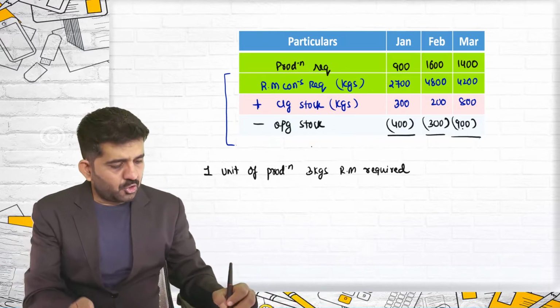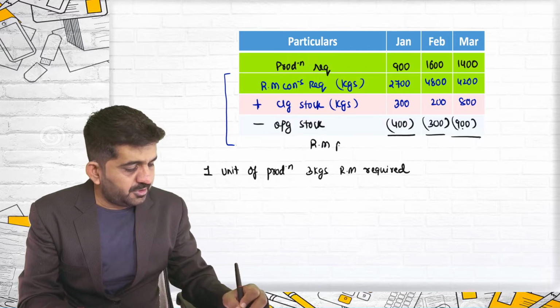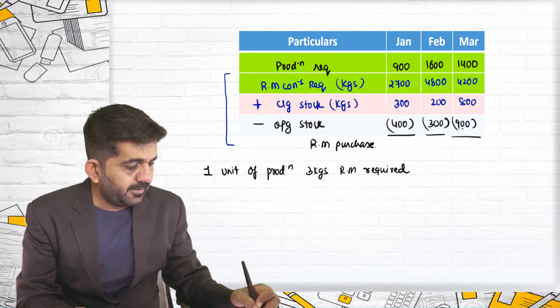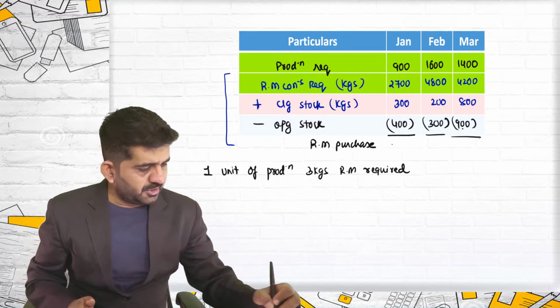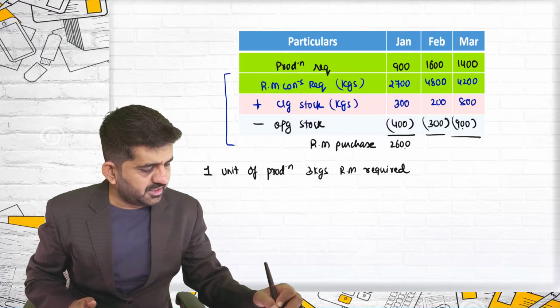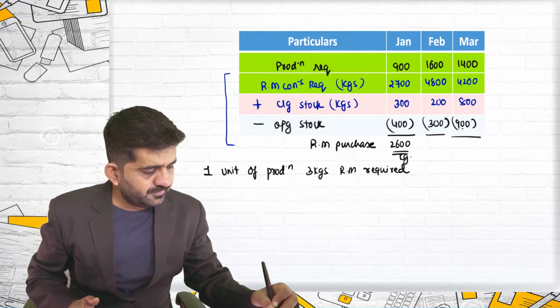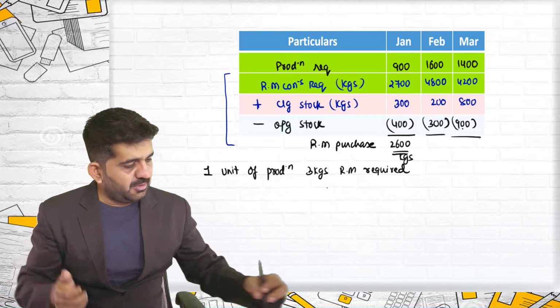So how much raw material will I have to purchase? I will have to purchase 3000 minus 400, which is 2600 kgs. So I am not manufacturing, I'll be purchasing this.